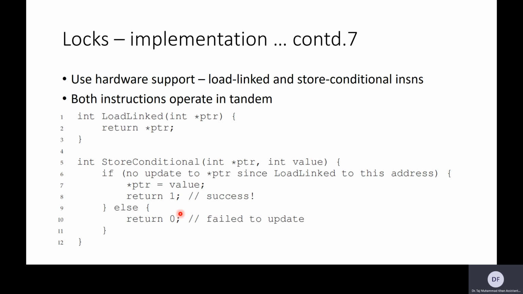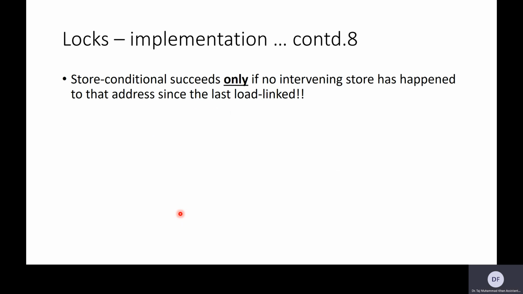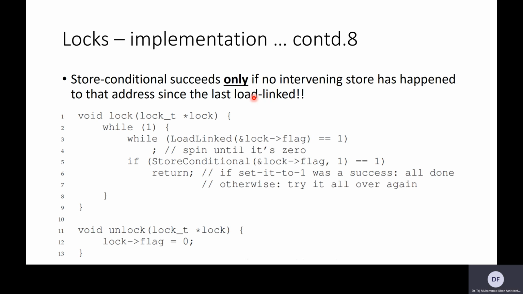So let's see how load linked and store conditional can be used to implement locks. Again, store conditional only succeeds if no intervening update has happened to this address since the last load linked. Here is an implementation of the lock function using load linked and store conditional operations. This lock function is used to acquire the lock. In it, we have an infinite loop.